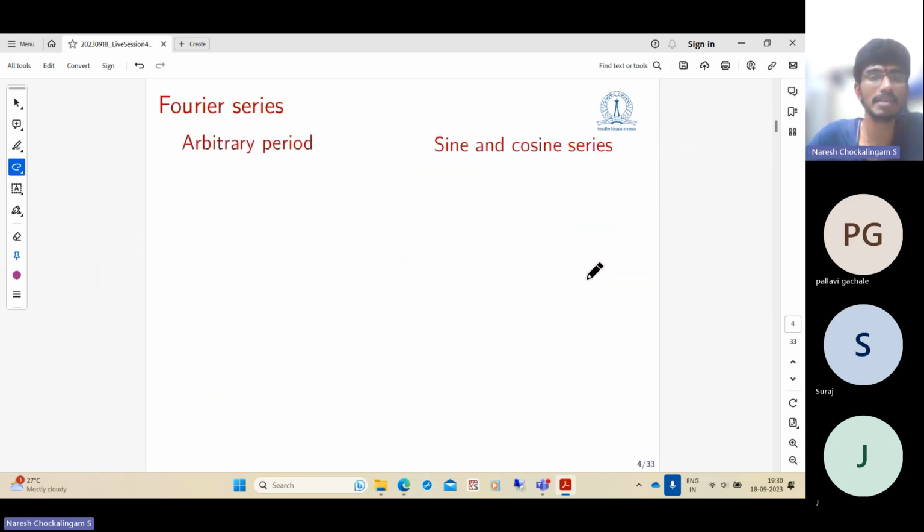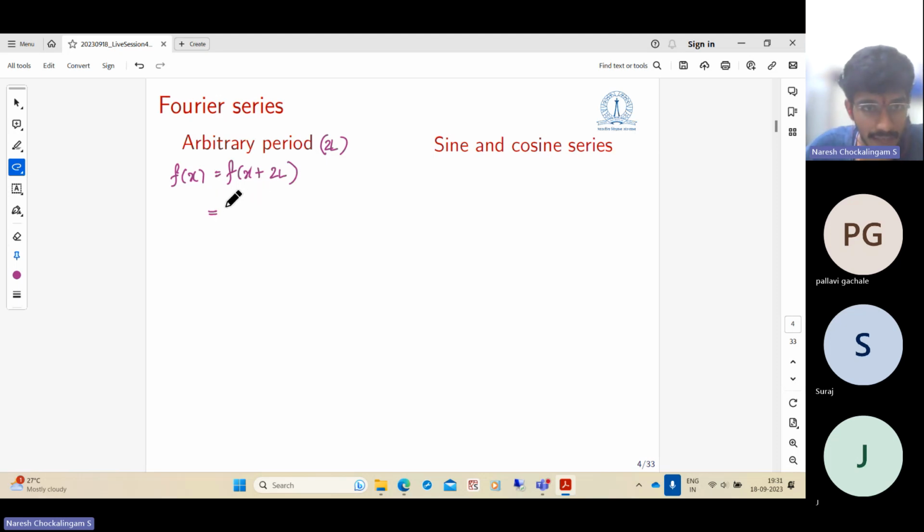So if you have an arbitrary period, let us call the period L. It's just a small transformation. Let us take f of x equal to f of x plus 2L, so that you don't get a half everywhere. In place of pi, you have L. So it is simple.